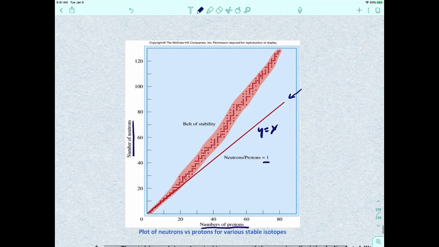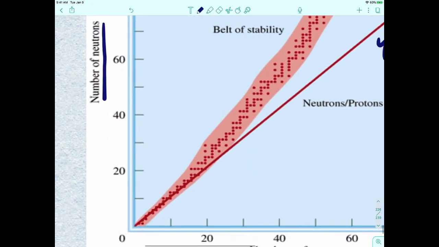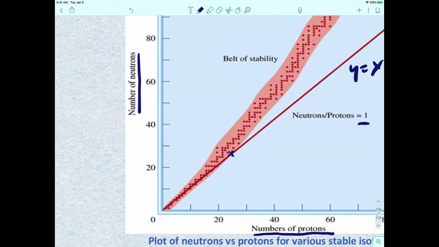All right, and these red dots are indicating different isotopes. These red dots seem to be following along that red line up until you get to this point right here. Okay, it seems like once you get past 20 protons, that line starts veering off a little bit.